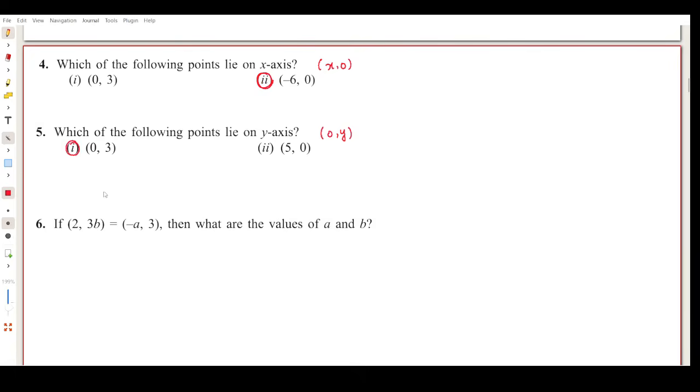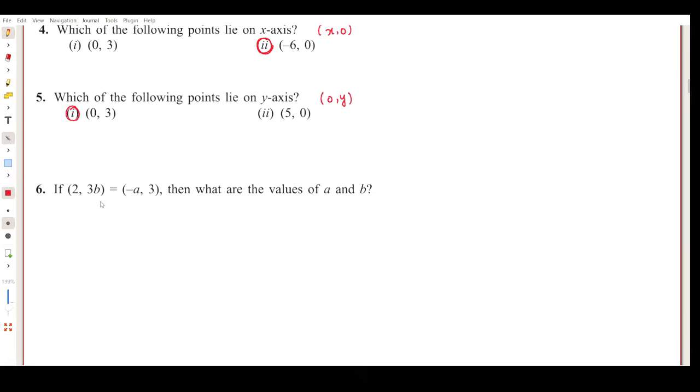Now sixth one, if 2 comma 3b is equal to minus a comma 3, then what are the values of a and b? Always x coordinate will be equal to x coordinate, y coordinate will be equal to y coordinate, right? So we compare x coordinate with x coordinate and y coordinate with y coordinate. X coordinate, what is given? Minus a is equal to 2.